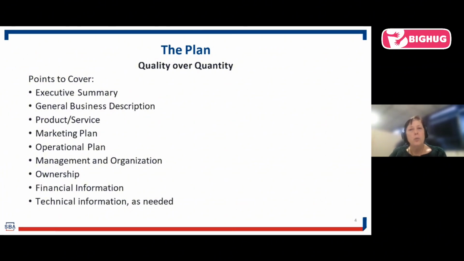And so you want to demonstrate that you, from a technological standpoint, have the ability with what you're putting together to meet those criteria and those standards. So again, sometimes technical information is really very valuable to the process.